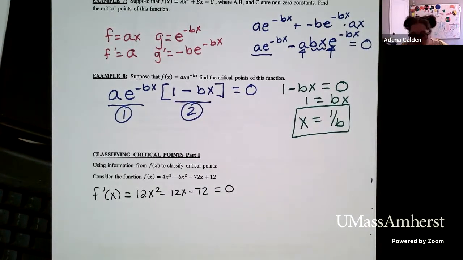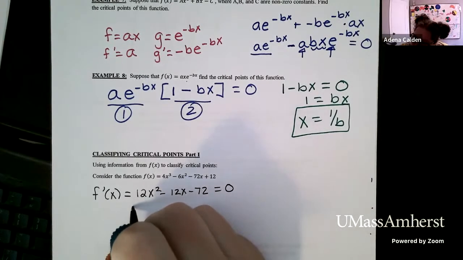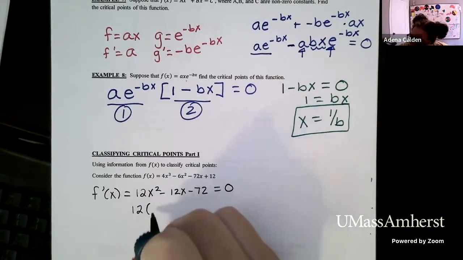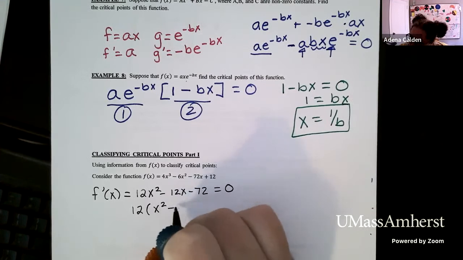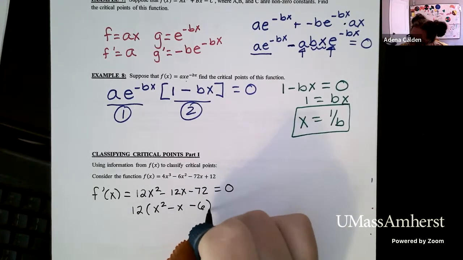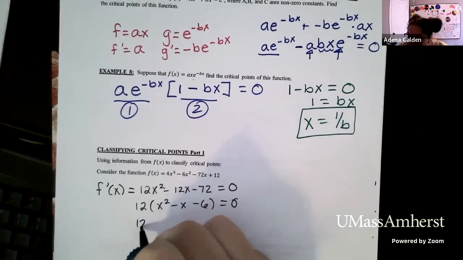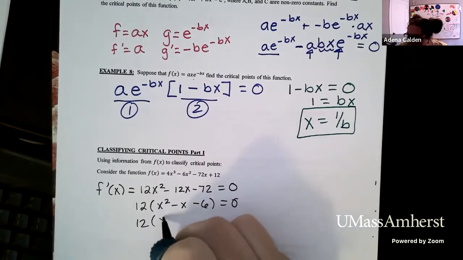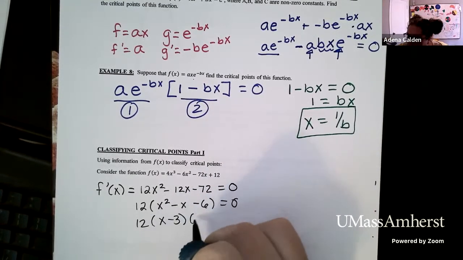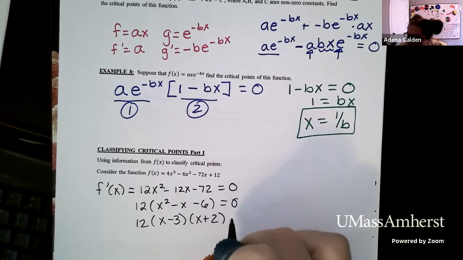Again, you can use the quadratic formula, or you can factor. You may factor differently than I factor, and all of that is fine as long as you're coming to the same conclusions. I'm going to pull out a 12, leaving x squared minus x minus 6. With a negative 6, I'm going to have x minus 3, x plus 2.